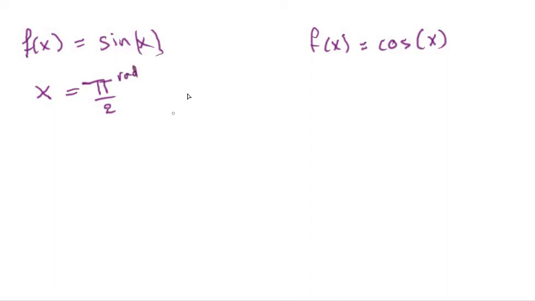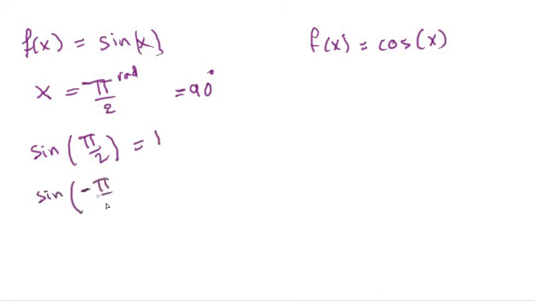This is in radians, and this is equal to 90 degrees. Sine pi over 2 equals 1. Sine negative pi over 2 is equal to negative 1. Negative pi over 2 is 270 degrees. We can tell that this is an odd function.